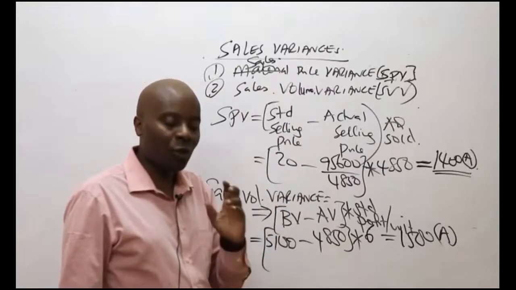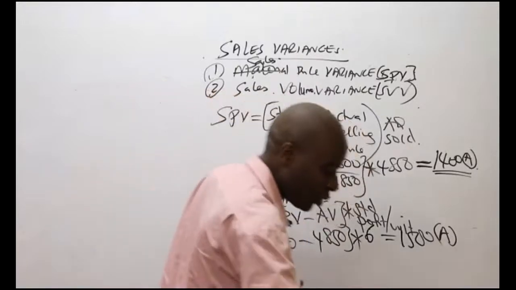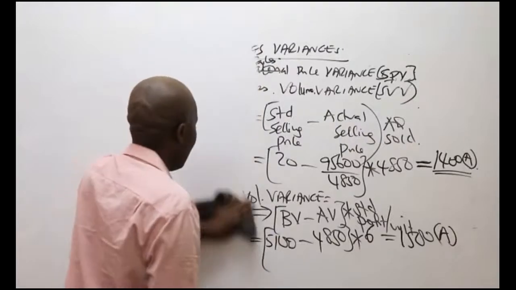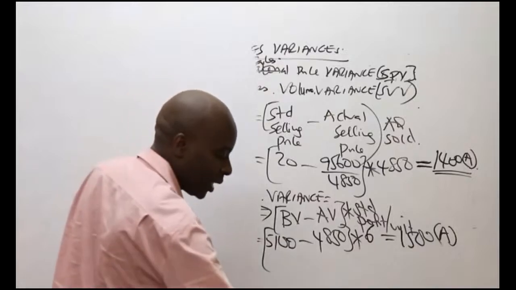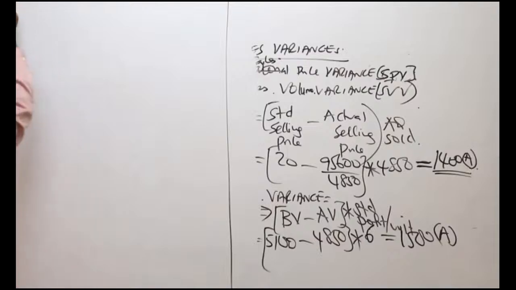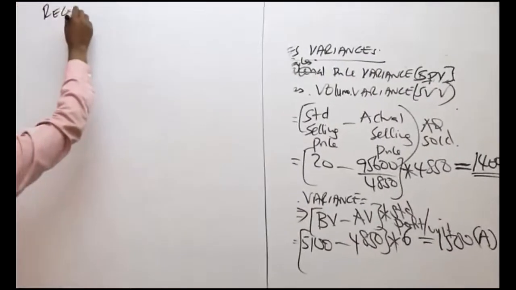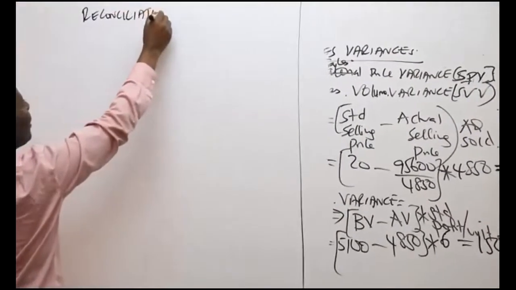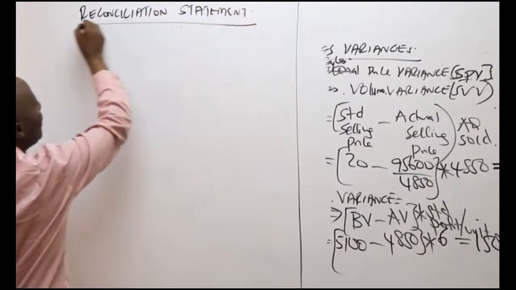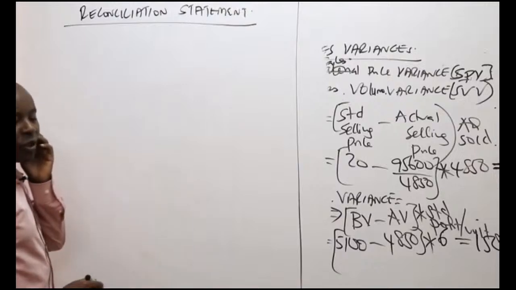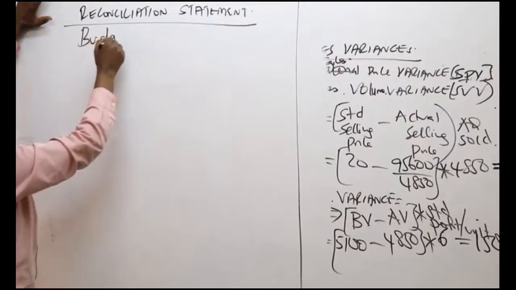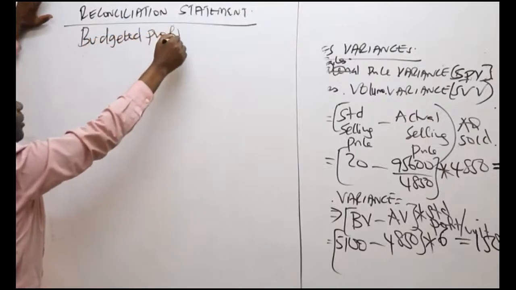The only thing that we need to do for us to go and relax is to come here and do a reconciliation. A reconciliation statement, also known as an operating statement, where we shall start with budgeted profit.